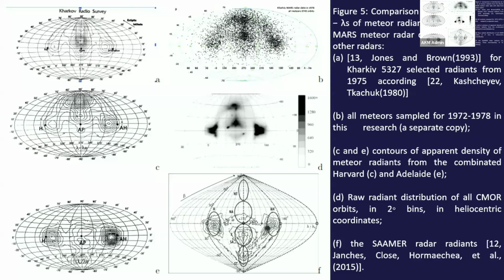C and E are contours of apparent density of meteor radiants from the combined Harvard radar for C and Adelaide for E. D is the raw radiant distribution of all CMOR orbits, and F is the Sommer radar radiants. No contradiction was found.